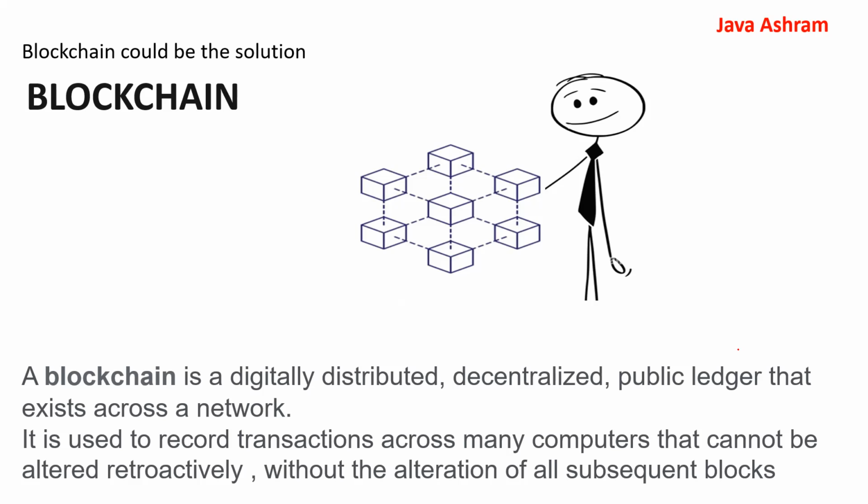So what is a blockchain? Blockchain is a digitally distributed, decentralized public ledger that exists across a network. These are very important words: distributed and decentralized. It does not store the data in one place. It will first be distributed across the network, across the computers, and it will be stored in a decentralized mode.